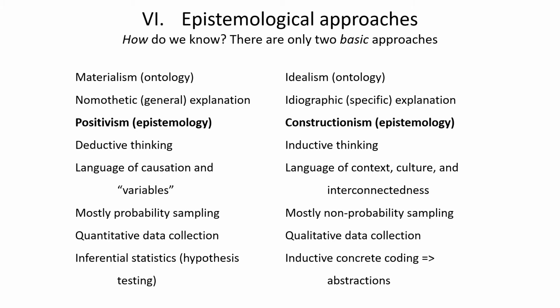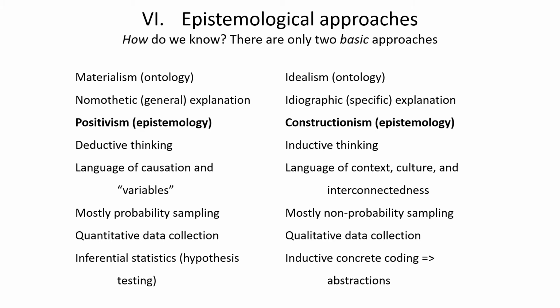You're always going to think about that first if you're a positivist. And you're very likely to collect numbers, quantitative data, and you're very likely to apply inferential statistics to test your hypothesis.